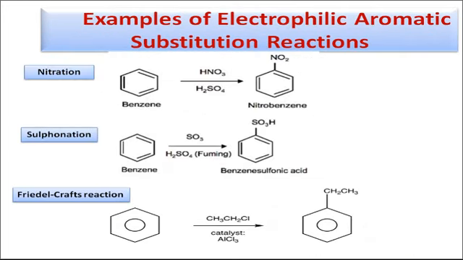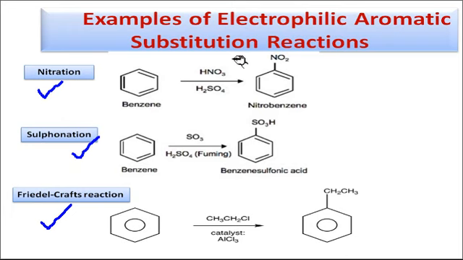Now some important examples of electrophilic aromatic substitution reactions are nitration of the aromatic compound, second is sulfonation, and third one is the Friedel-Crafts reactions. The electrophilic aromatic substitution reactions are those in which the electrophile attacks the benzene ring and the substituted product is formed.